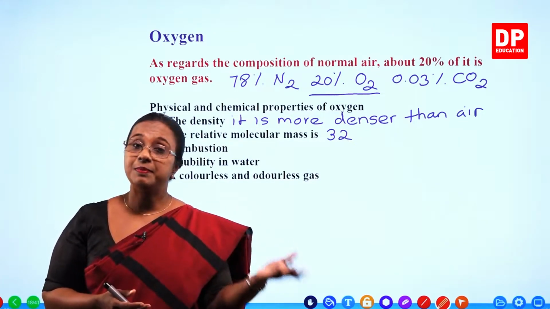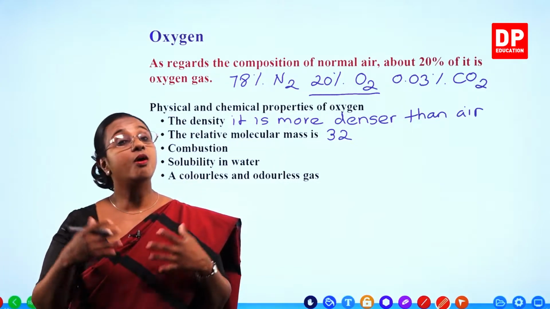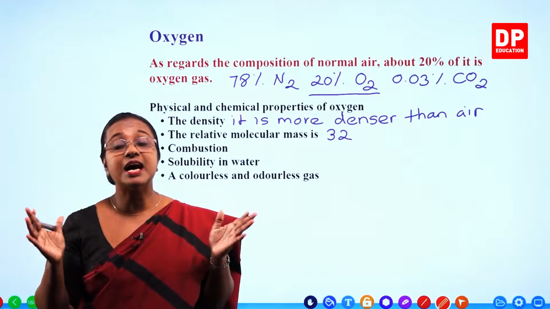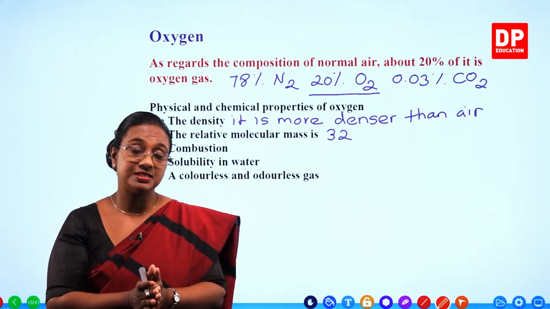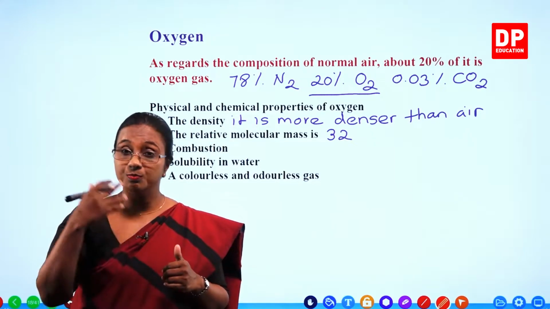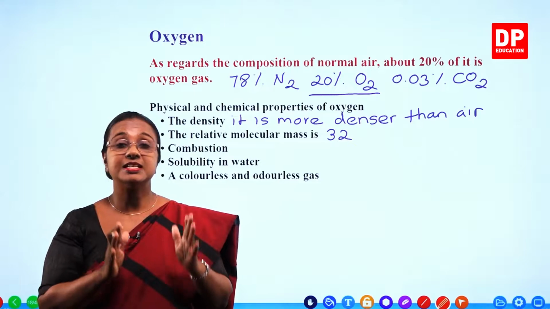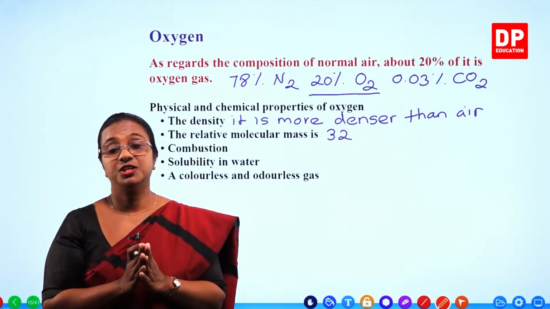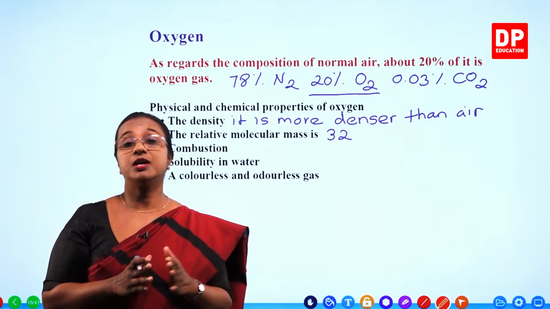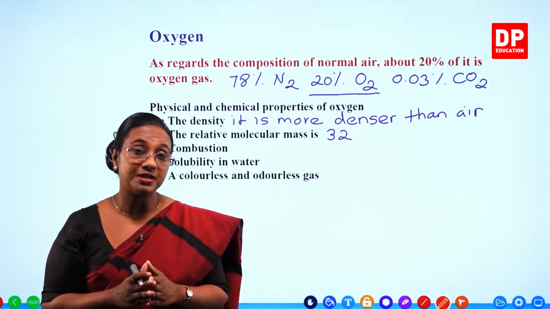For example, paper or wood, even cloth, or a fuel like petrol, kerosene, diesel, all these are combustible substances. Then for these combustible substances to burn, you need to have oxygen. Oxygen is a must for combustion. So that is why we say oxygen is a supporter of combustion.